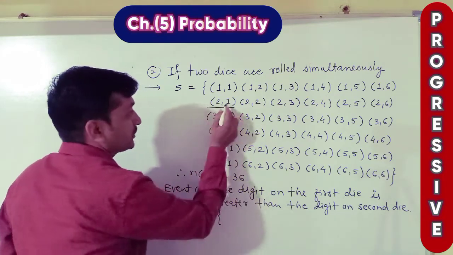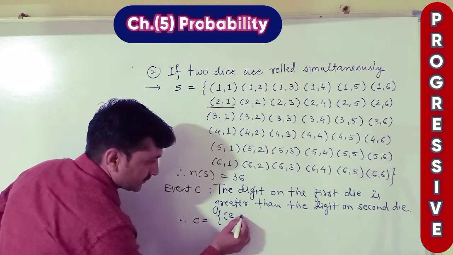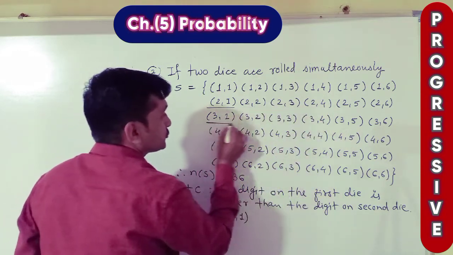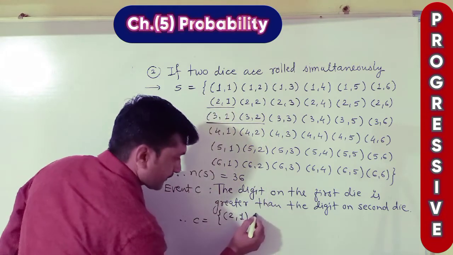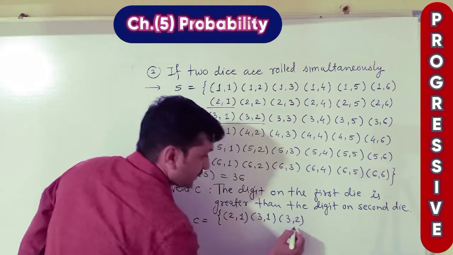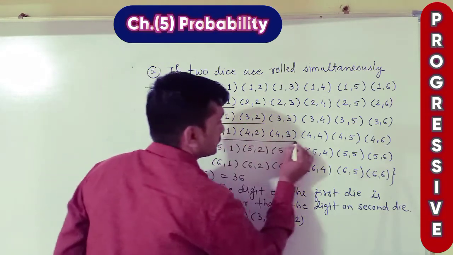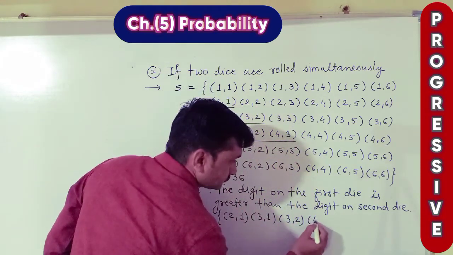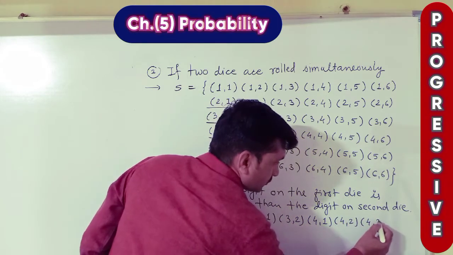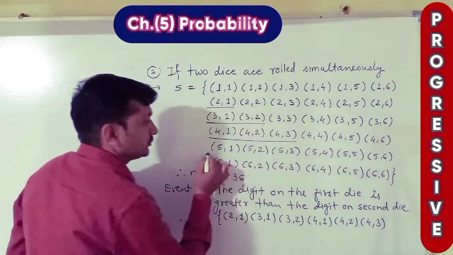Here you see 2 1, first die is greater than the second. Here 2 2 equal, and here small. Here you see 3 1, 3 2, first die greater. Here you see 4 1, 4 2, 4 3, first die greater.